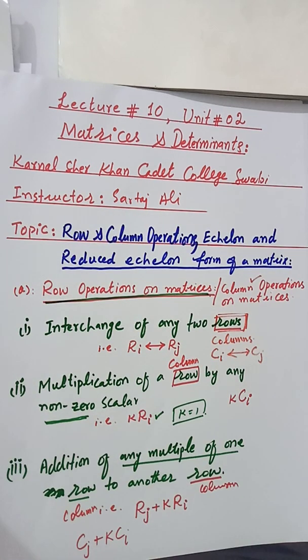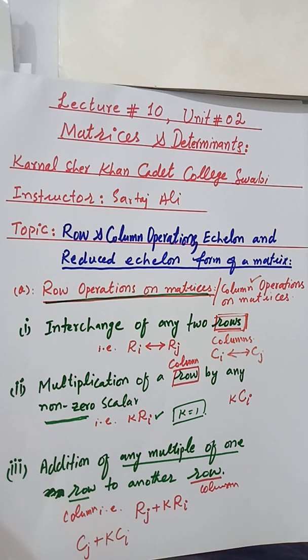But remember, these six are the elementary row operations and column operations on matrices. These elementary row operations are used to find the echelon and reduced echelon form of a matrix.